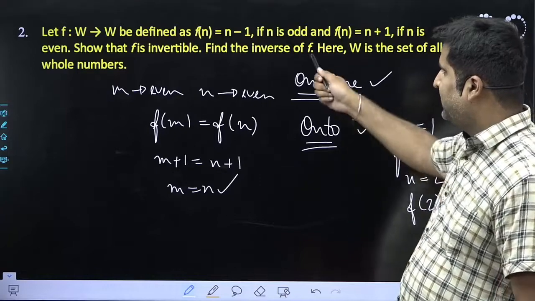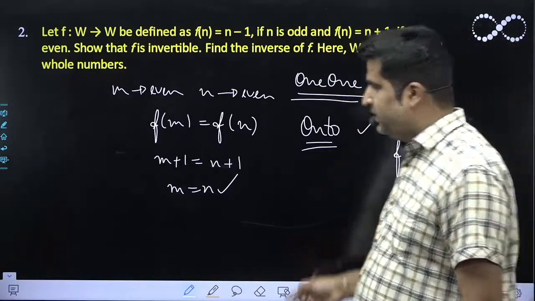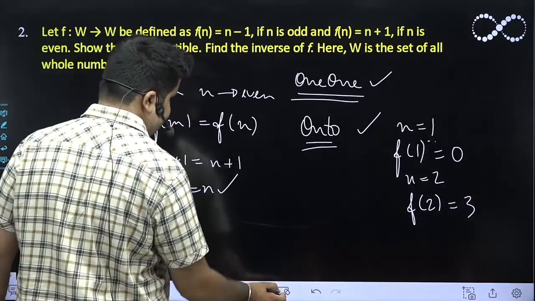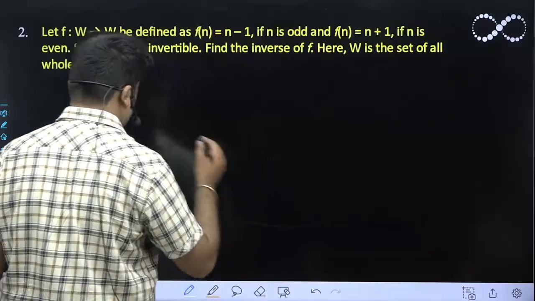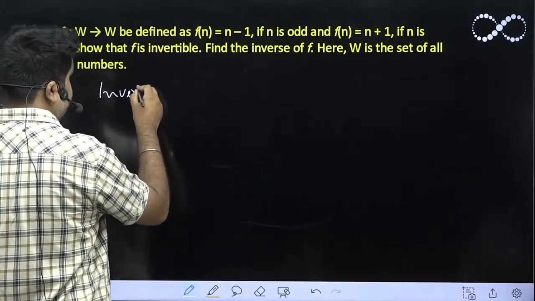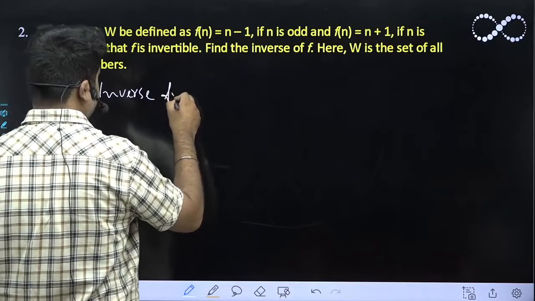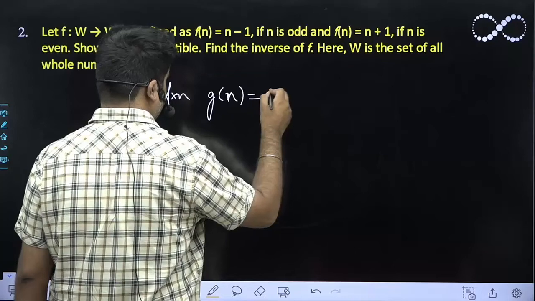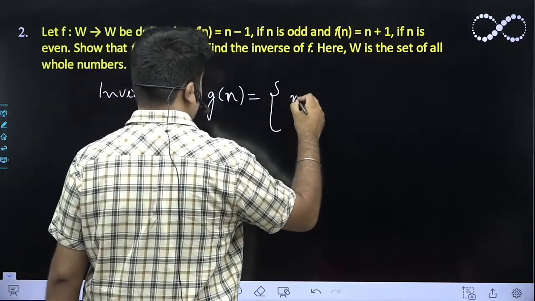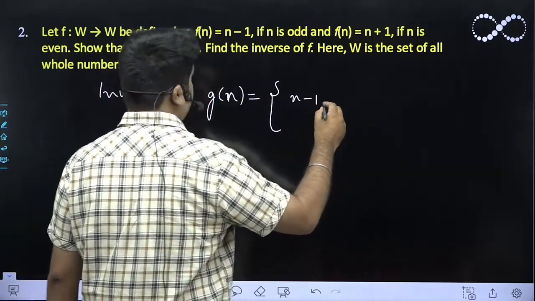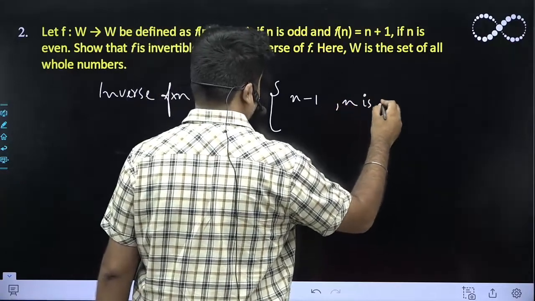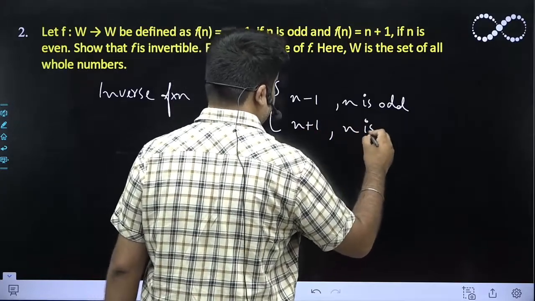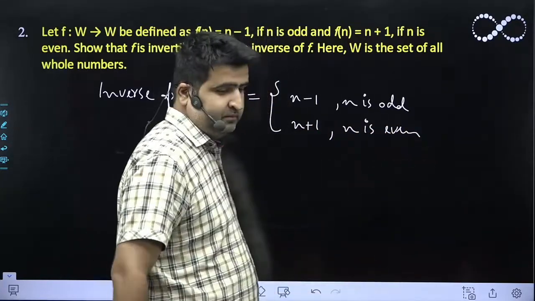Now you have to find the inverse of this function. So actually the inverse of this function will be this function itself. Okay, so you can easily check. Inverse function g of n is equal to same as this, n minus 1 if n is odd and n plus 1 when n is even.